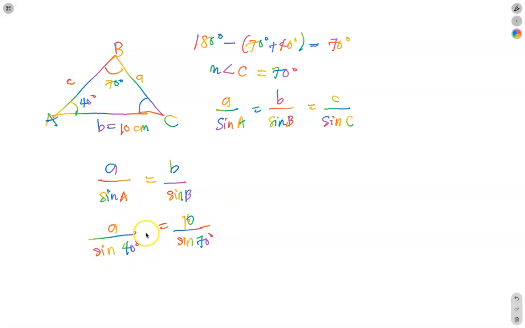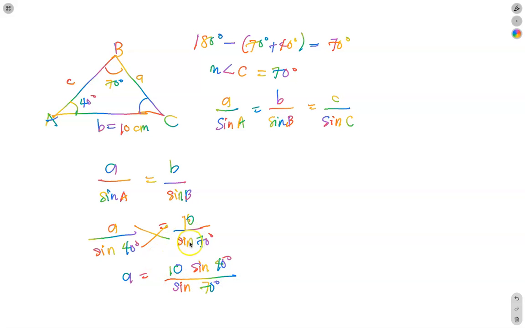Take note that our goal is to get the value of a first. So let's do cross multiplication. a equals 10 sine 40 degrees over sine 70 degrees.